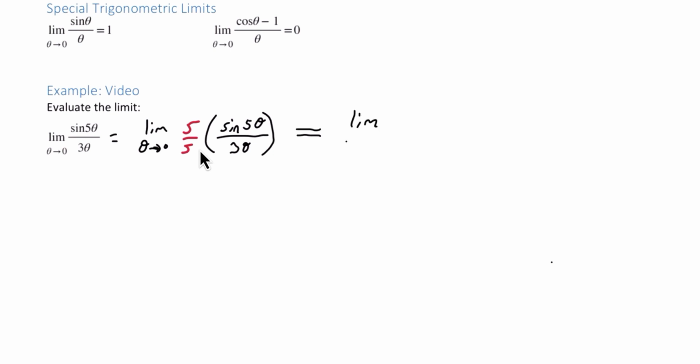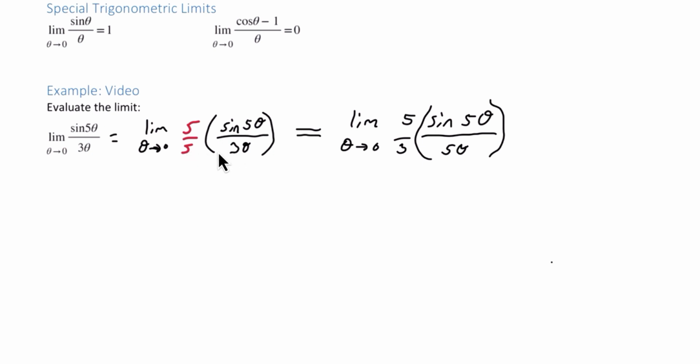So now we have the limit as theta approaches 0 of 5 sine of 5 theta all over 5 theta, and I'm going to pull the 3 out. Here we're just rewriting the denominator.